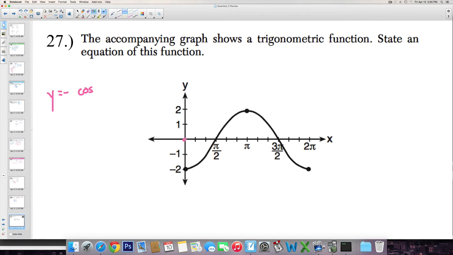So from the midline, which is the x-axis, to the highest point or the lowest point, however many units it is, that is your amplitude. So 2 units, 2 units, so our amplitude is 2. So we have negative 2 cosine. And now we need to know the frequency. So how many cycles we see from 0 to 2 pi. We only see one, so negative 2 cosine of x would be our answer.